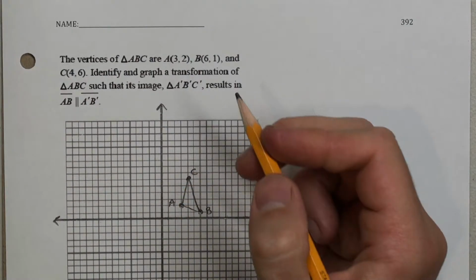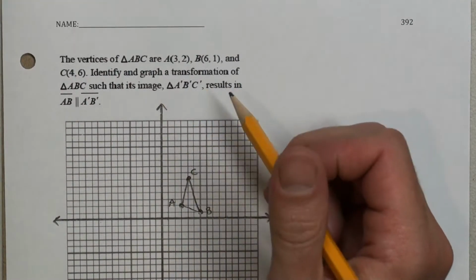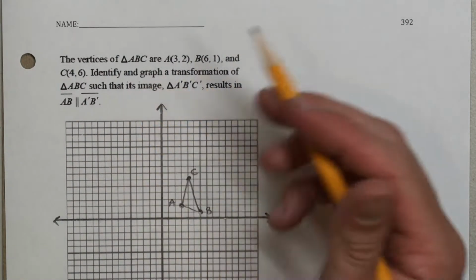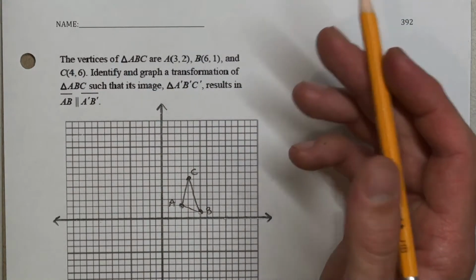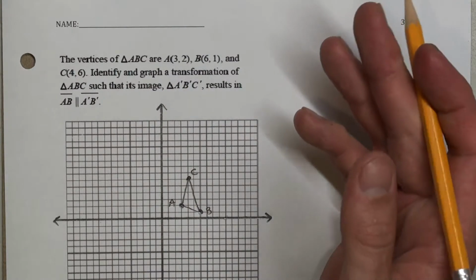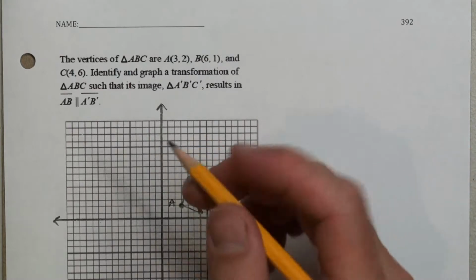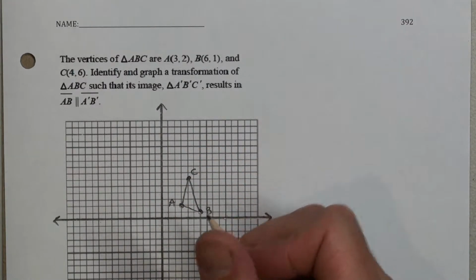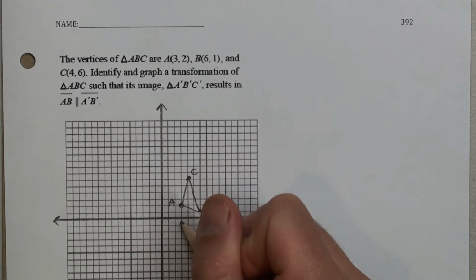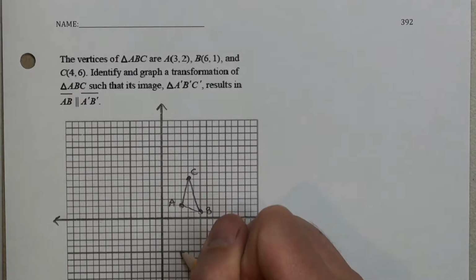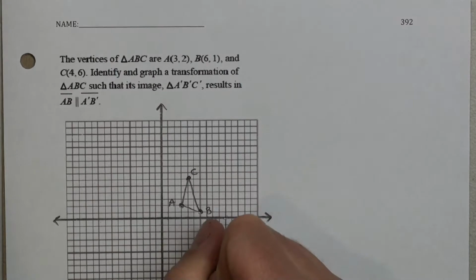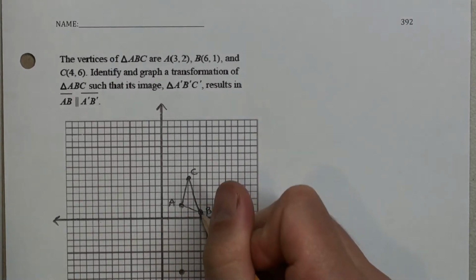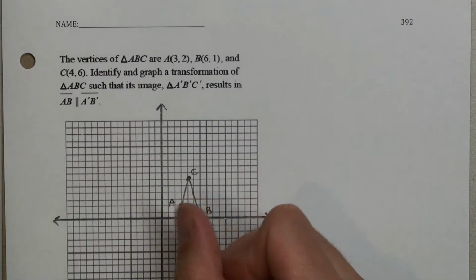All I have to do is graph something anywhere I want that results in A, B being parallel, so all I'm doing is essentially translating this thing. I'm just going to move everything down like 10. So 1, 2, 3, 4, 5, 6, 7, 8, 9, 10. This one would be one below that.